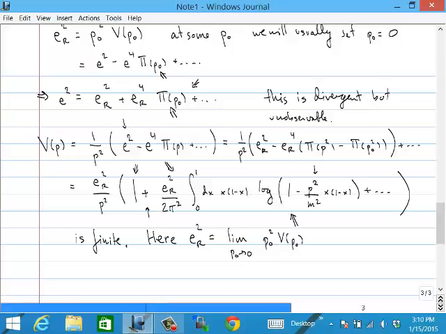I mean, this is an important point. At intermediate stages in the calculation, pi can look divergent. But that's only because you've written things in terms of unphysical quantities. You wrote things in terms of e squared pi squared.